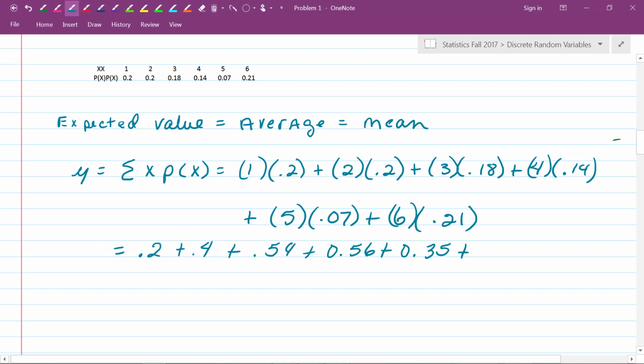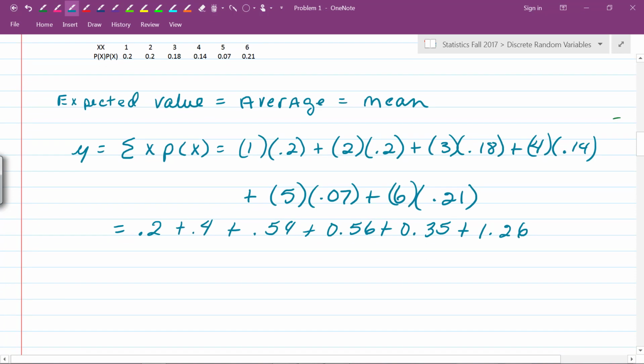Oops, I multiplied something wrong. 6 times 0.21 is equal to 1.26. So now we're going to add all those together. So let me shift this up just a little bit.